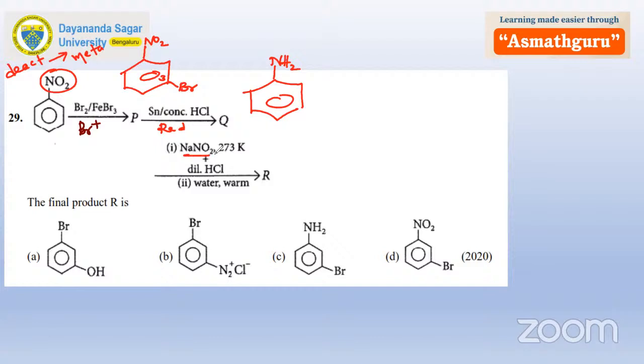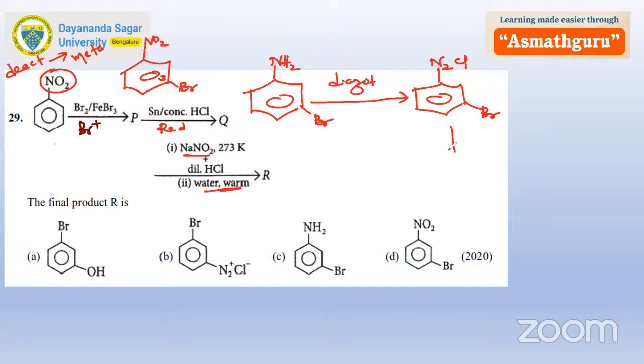And then you treat with NaNO2. That is called diazotization. What do you get? Instead of NH2, you get N2Cl, the diazonium chloride. And everywhere you are having Br. Then what you do? You treat with water and warm it.